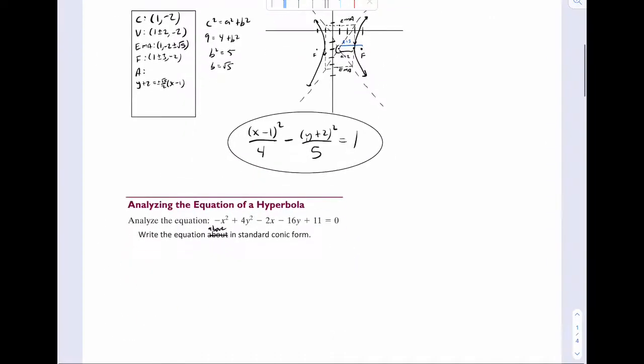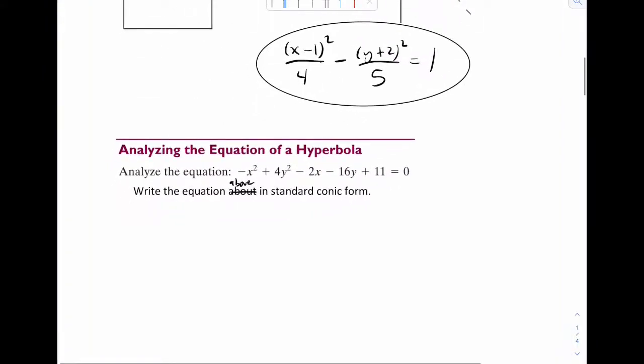Now for the last example, it says write it in standard conic form. So essentially we're just going to complete the square. So I'm going to notice that the x squared is negative, so I want to put this y squared first. So 4y squared minus 16y, I'll put a blank.